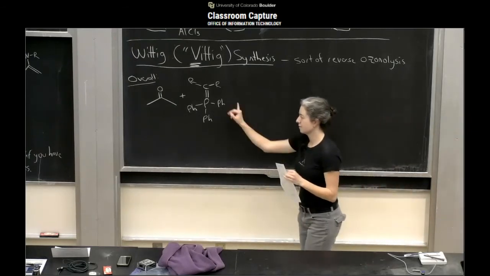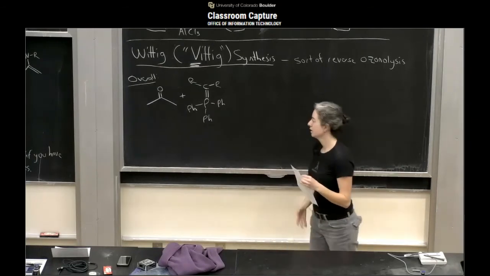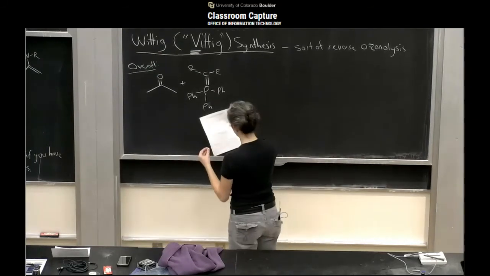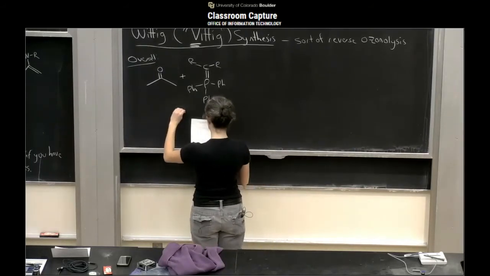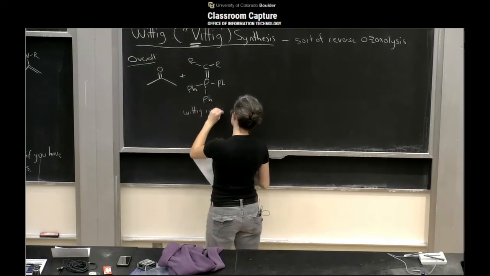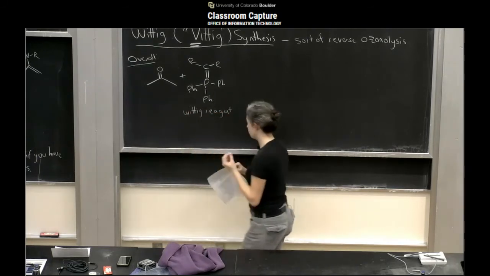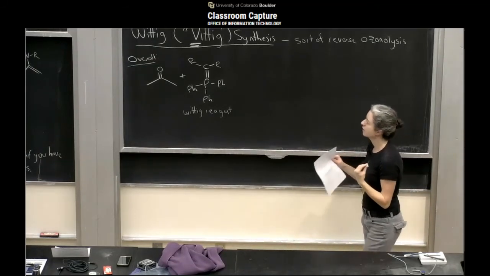Okay, so we'll cover how to make this one in a second too, because sometimes you have to make your own for the synthesis. So this is called a Wittig reagent, and there's a couple other descriptors that we'll talk about because there's some interesting things going on there.